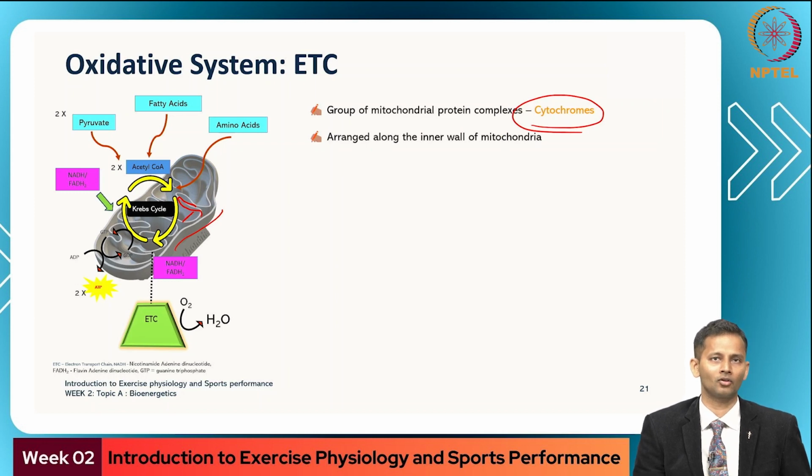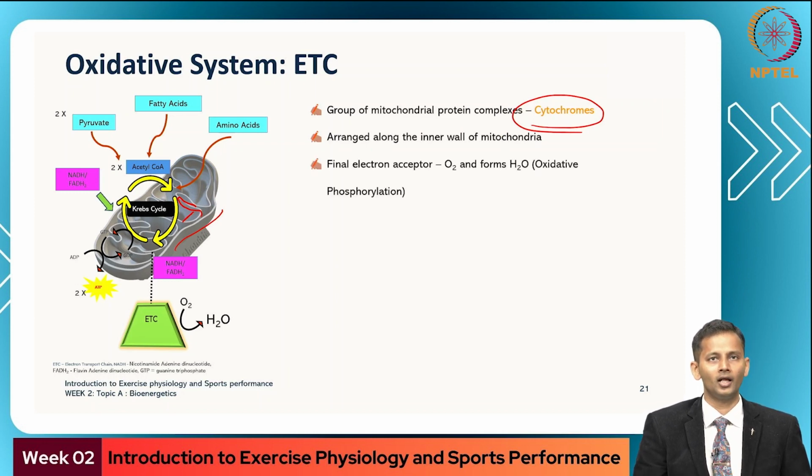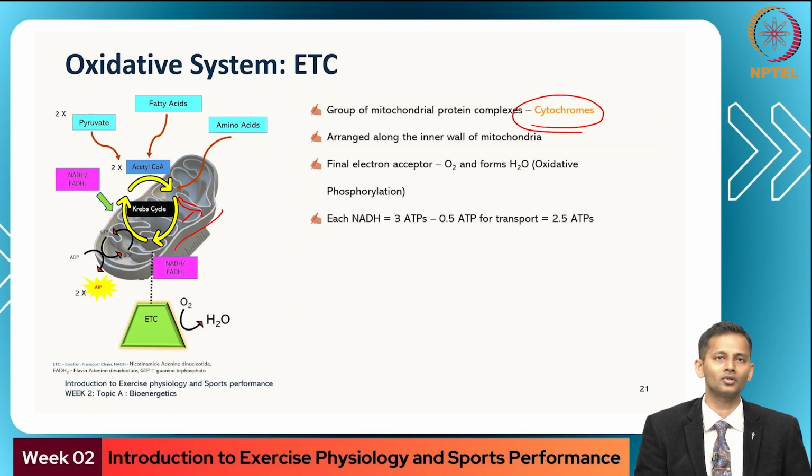And these are arranged along the inner wall of mitochondria, and the transfer of all these intermediaries and then the final formation of water as an oxidation by oxygen in the last step happens in the group of enzymes called cytochromes. The entire process wherein the electron gets transferred through the chain of reactions is called the electron transport chain.